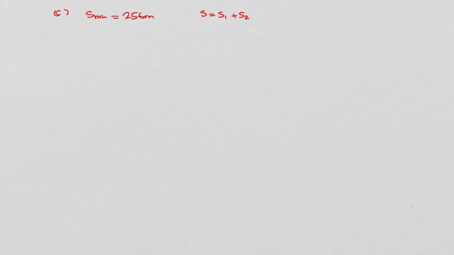So we have S of n is 5 plus 6n, as we've just said, and S of n minus 1, we saw was 6 times n minus 1. So by looking at the distance travelled during the nth second and during the n minus 1th second, then by combining those we get 256.